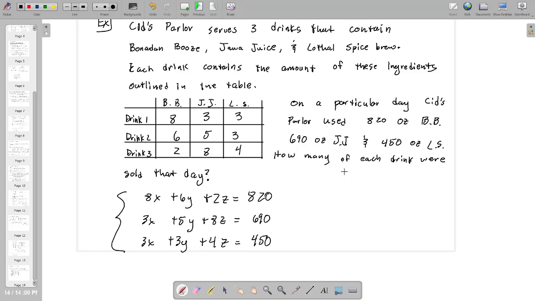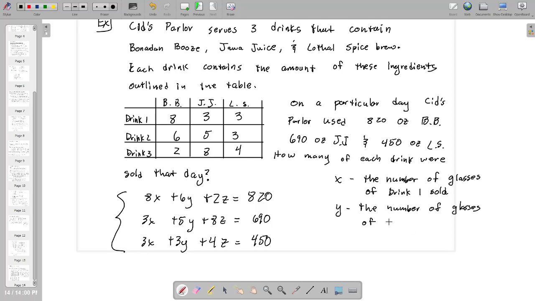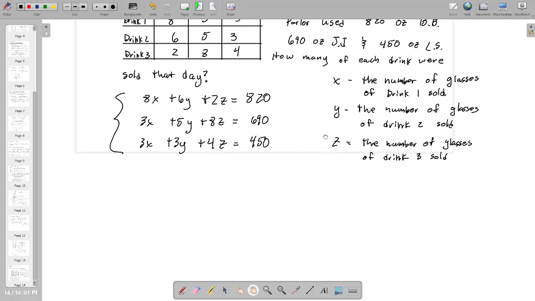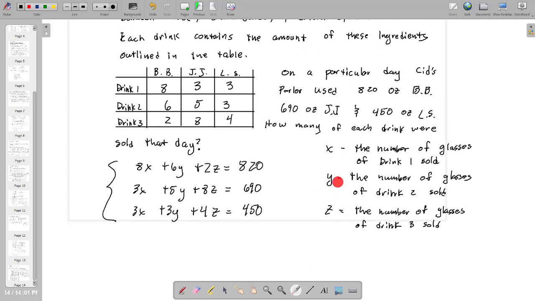So x is the number of glasses of drink 1 sold, y is the number of glasses of drink 2 sold, and z is the number of glasses of drink 3 sold. Just like before, once we've set up our equations, we're going to use the matrices to actually solve the problem. Equation 1 refers to the Bonneton booze ingredient.